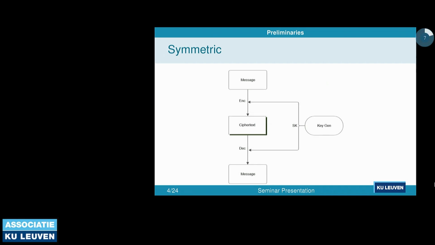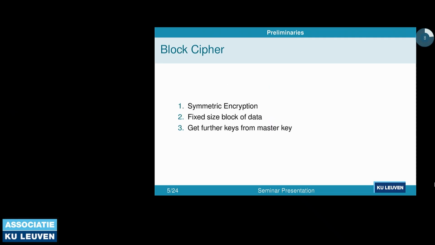We also have the symmetric one, which is, well, one key, so only the owner of the key generation algorithm knows how to encrypt and decrypt it. And that's it.